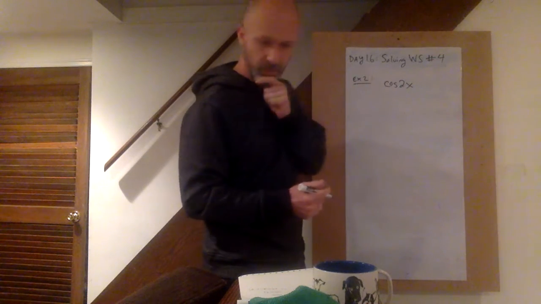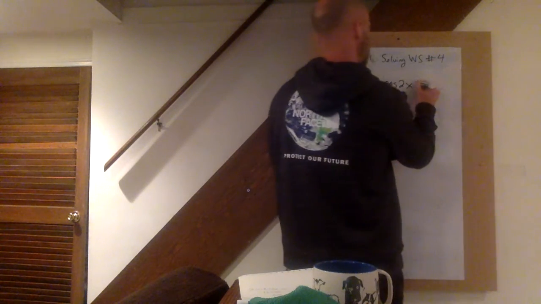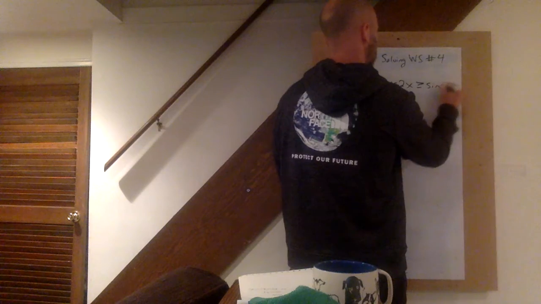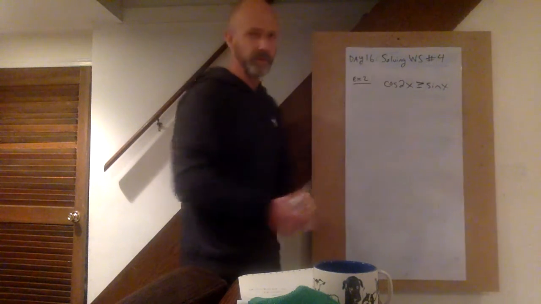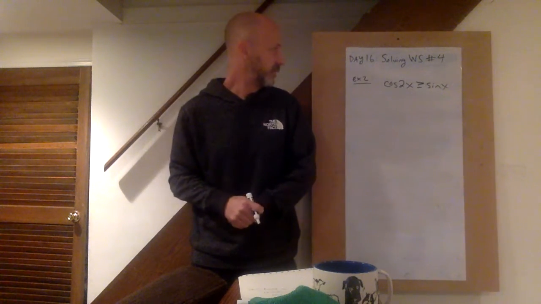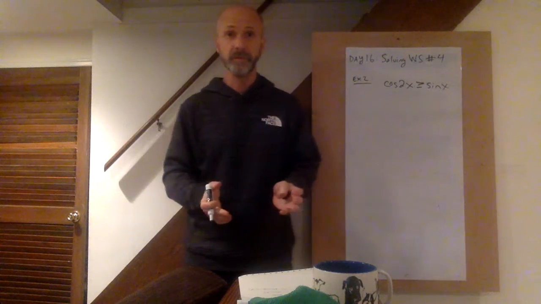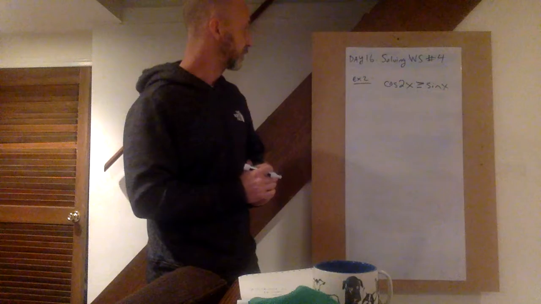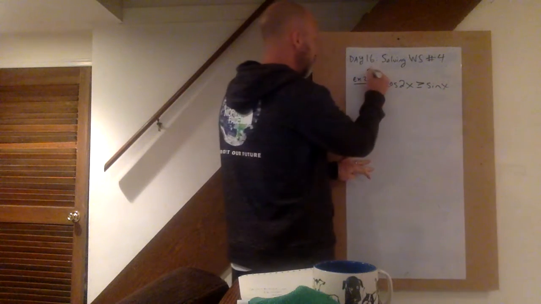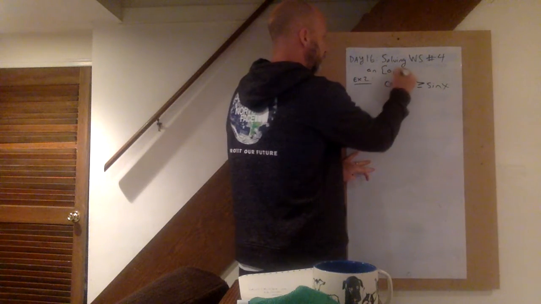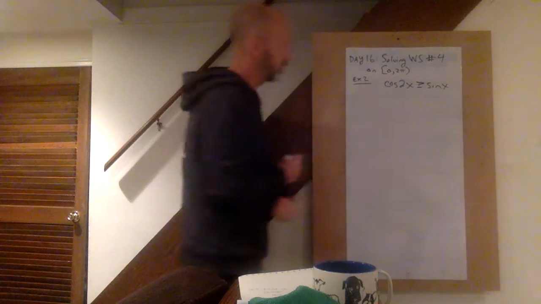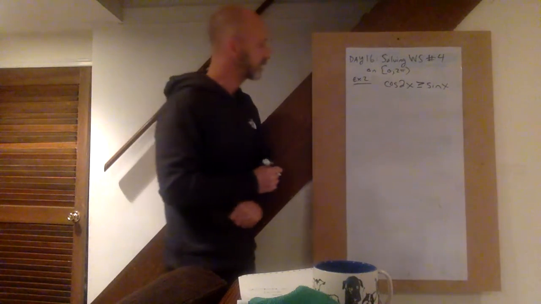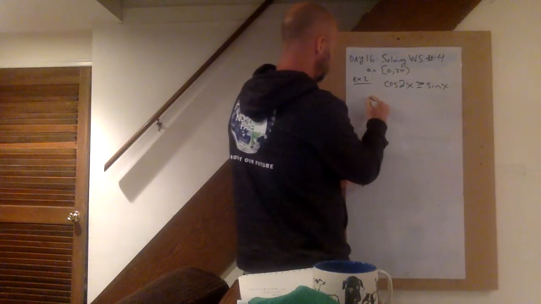So cosine of 2x is greater than or equal to sine of x. And again, minimal space here. What we're trying to do is find the x's where this is true. Okay? And let's just say, let's work on the interval from 0 to 2 pi. So I'll make that little note up here so I don't forget. On the interval from 0 to 2 pi, where is cosine of 2x greater than or equal to sine of x? Okay, so graphical techniques.